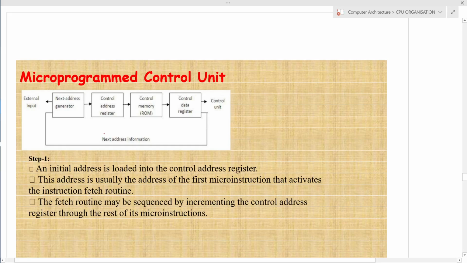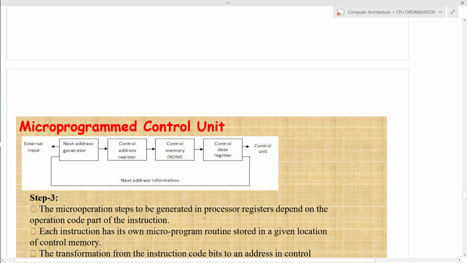Depending upon the data, we obtain it, and accordingly the control signals will be generated based upon the starting address generation and the content of the data register. This is the overall description of how the microprogram control approach works, and how the instruction signals are generated.